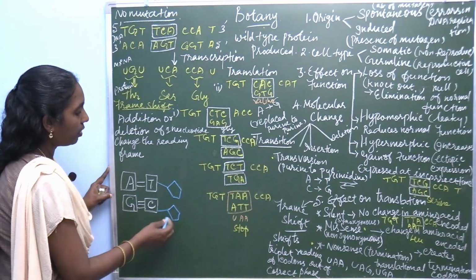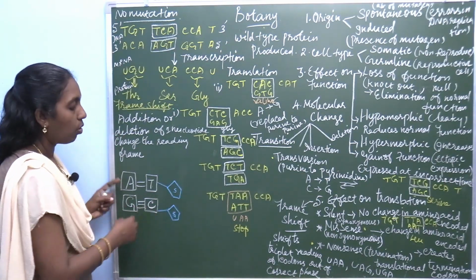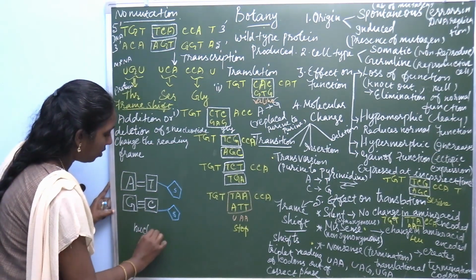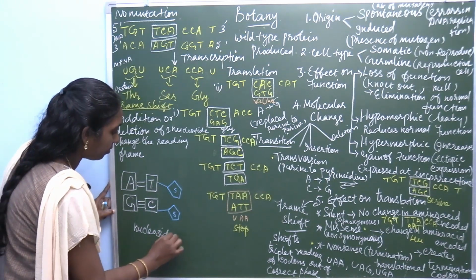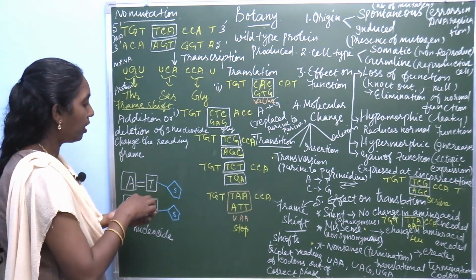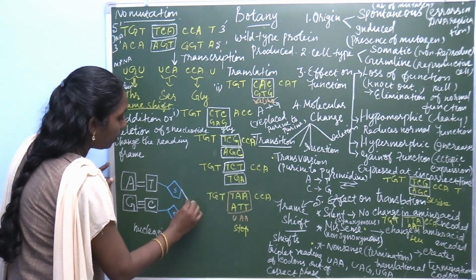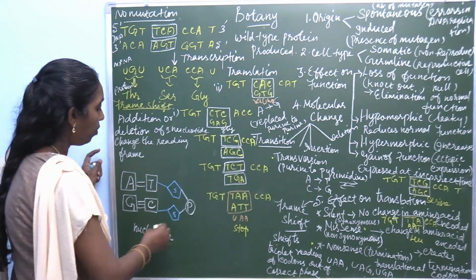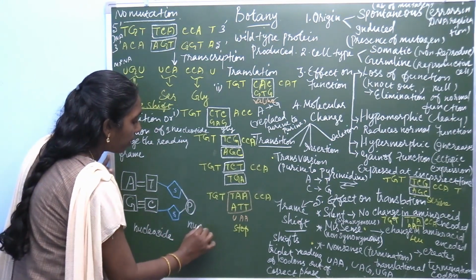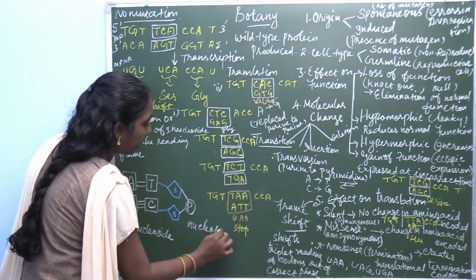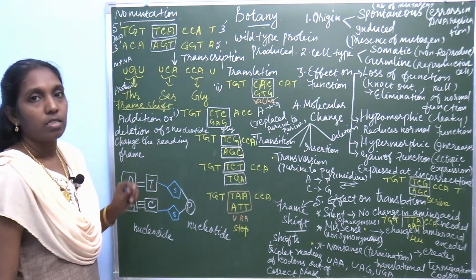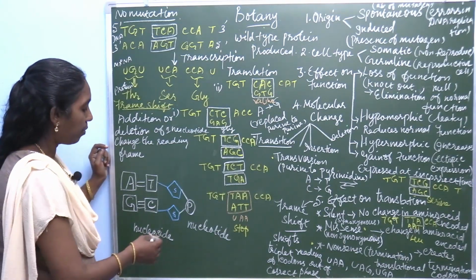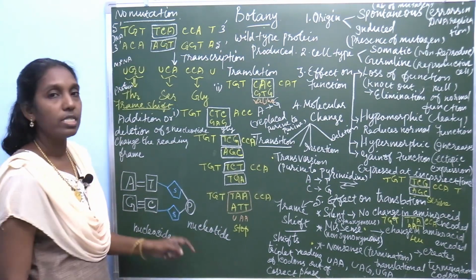When it is connected with sugar, it's called a nucleoside. And this sugar links with a phosphate group. So when it links with a phosphate group, it is now called a nucleotide. Before learning the types of mutation, you just remember what a nucleoside and a nucleotide are.